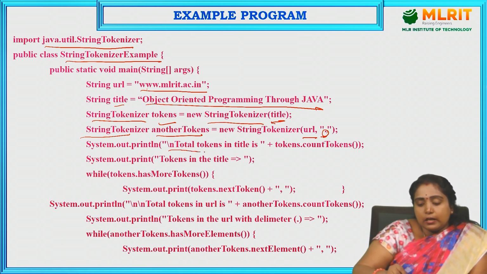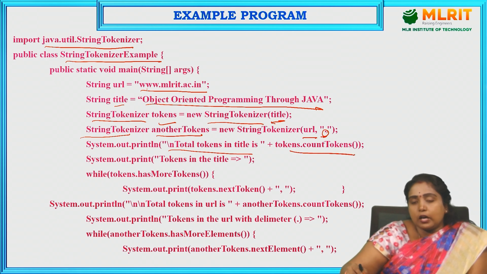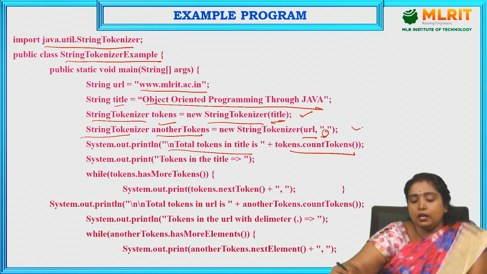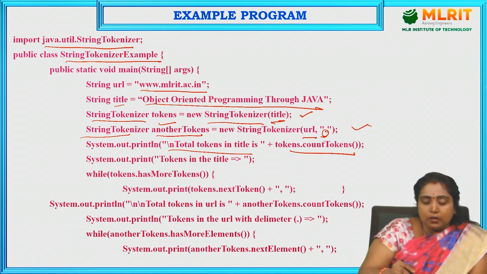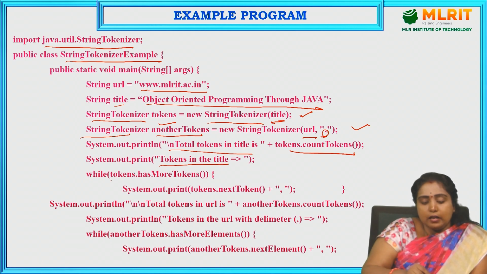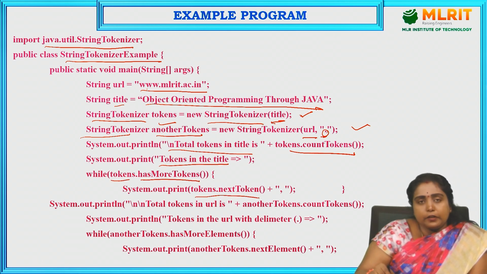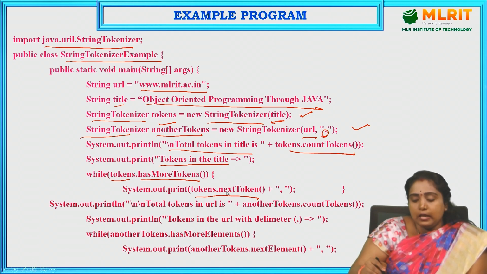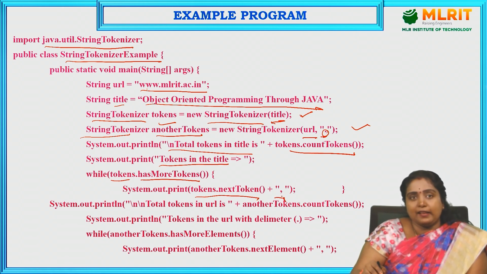Then you can count the total number of tokens: for the title how many tokens there are, and for the URL how many tokens there are. Then the tokens in the title: tokens.hasMoreTokens returns true, and to print the next token you go with nextToken, followed by a comma, for every token generated.